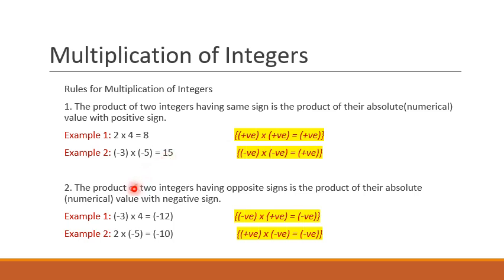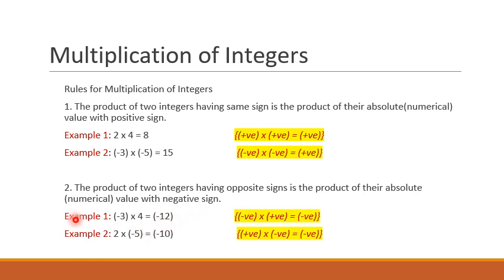Now let's look at the other rule. The product of two integers having opposite sign is the product of their absolute or the numerical value with a negative sign. So it says if the integers are having opposite sign, then the answer is negative.